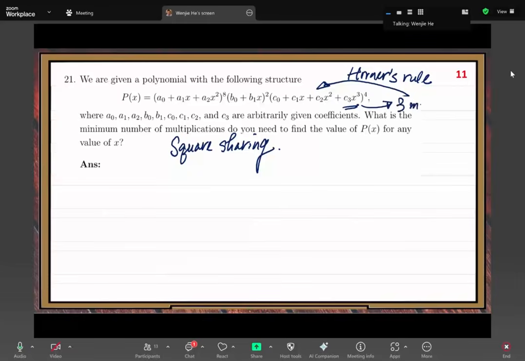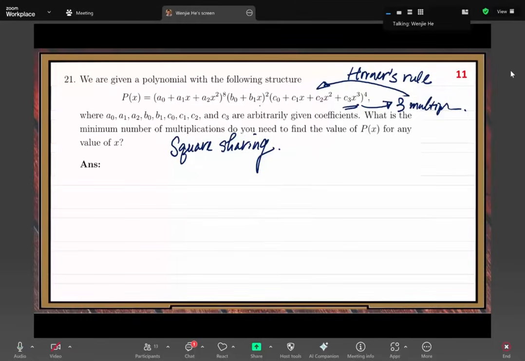That's by Horner's rule. Many students still ask me, how do you get 3? We use the formula in Horner's rule, and we get 3. So I do not repeat that part.